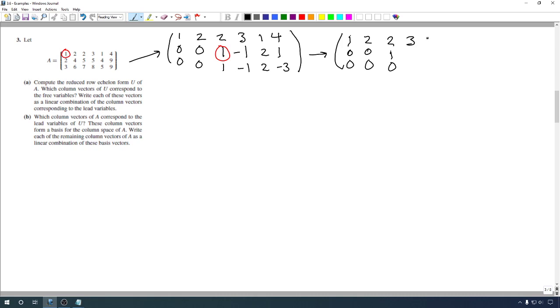The stuff in the first and second rows stays the same for now. And then we're going to change what we have here. We're going to subtract the second row from the third row. That makes this a 0 here. We're also going to get a 0 here and here. Hopefully it's easy to see why that happens. But then for this last slot, we're subtracting 1 from -3, so we get a -4.